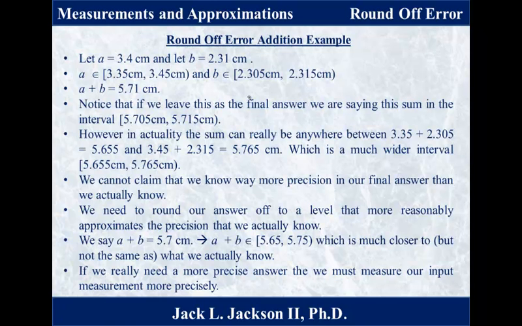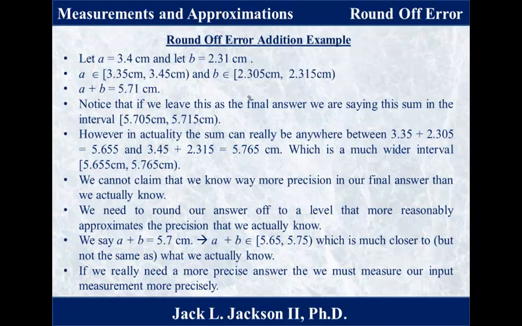So the true way to do it would be to actually give this interval that I have up here, 5.655 centimeters to 5.765 centimeters. That would be the most precise way to give the answer to that sum.